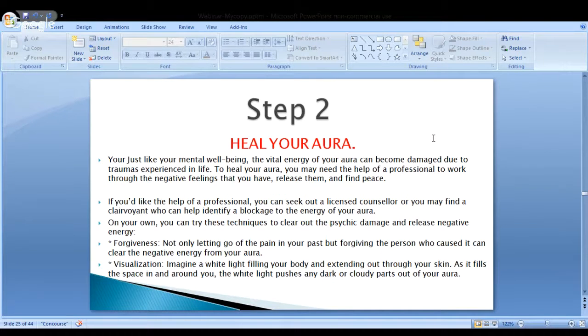The next thing is to heal your aura. If you have wormholes, portals, and other sort of auric attachments, which 99% of people do when they come to me, then your mental health, your energy health is just as important, and therefore you need to go to a practitioner who can help you clear your energy field, as I did.